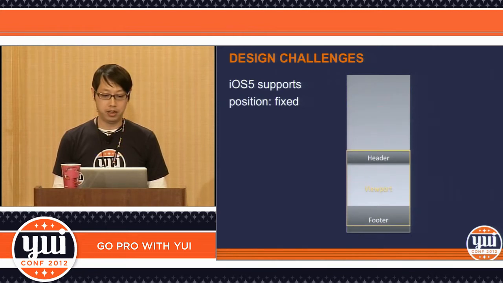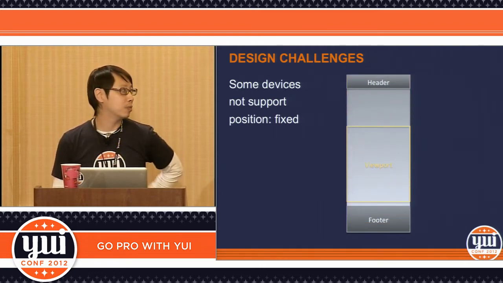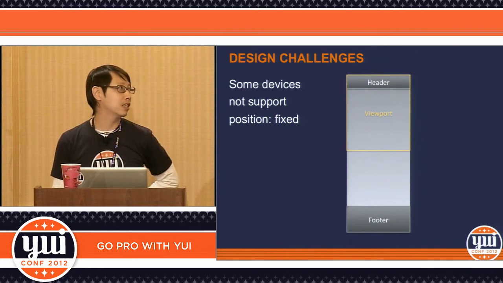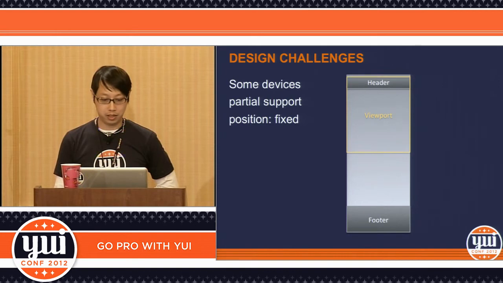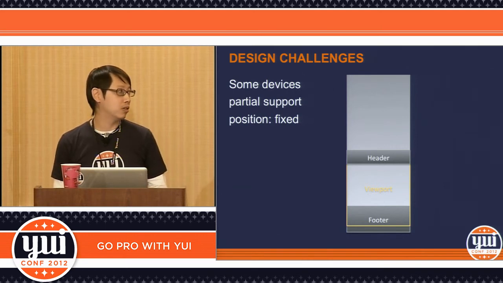In iOS 5, this is fully supported, but on some devices, there's no support for it at all. The user cannot see the fixed header on this device. And on some other devices, the support is partial. The header only shows up after the scroll has ended.